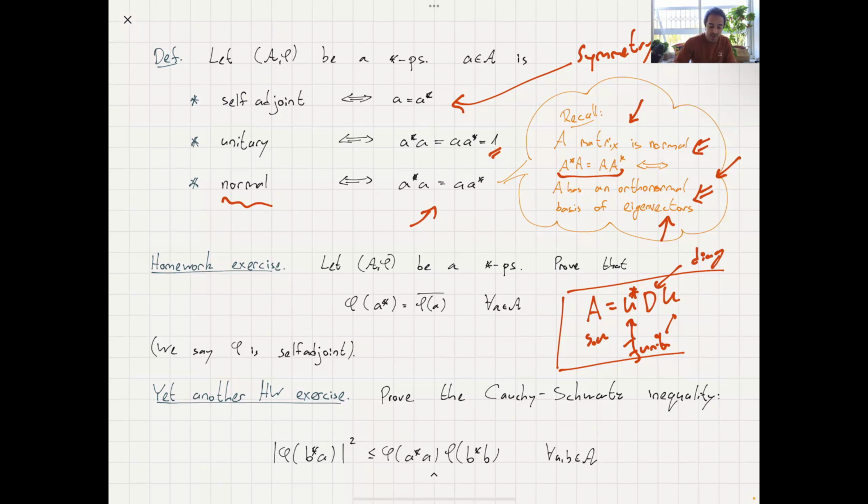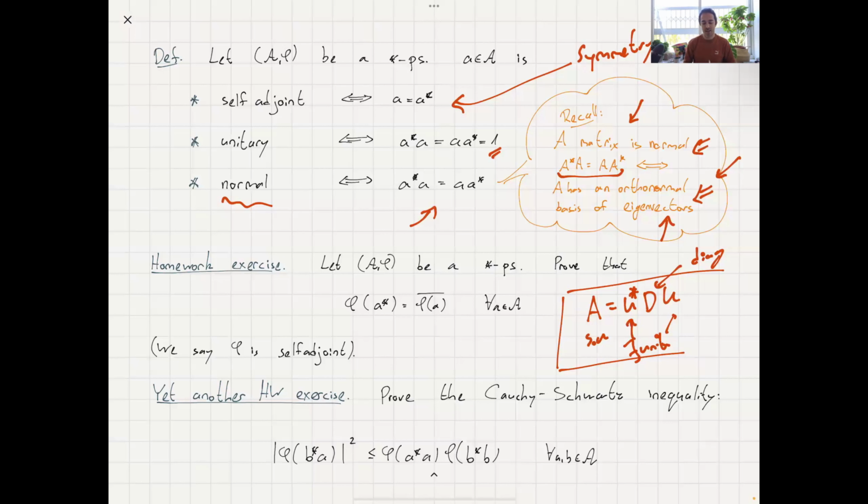Okay. So in the homework exercise, you'll show that many things happen, or expect to happen. So for example, phi applied to A star is going to be the conjugate of phi of A, right? It's not so easy to prove, by the way, but there is a guided exercise question in homework.